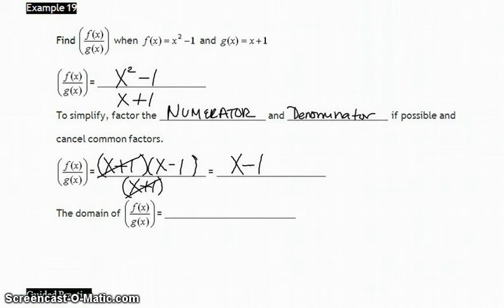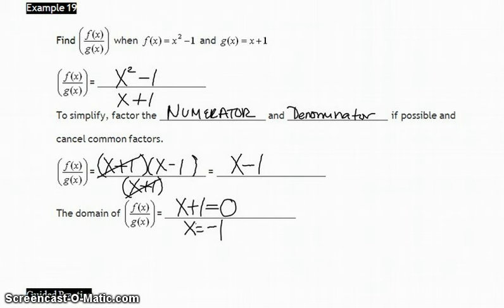Now we need to determine the domain. What inputs can I put into this without causing a zero in my denominator? To do that, you need to go back to the original factoring. In this case, I have x plus 1 in my denominator, and set that equal to 0. Figure out that if x equals negative 1, I am going to have a 0 in my denominator, and I will not be able to have that as an input in my solution set.